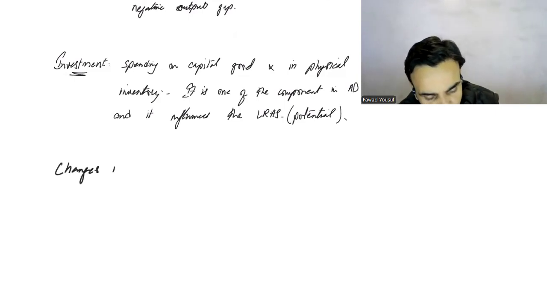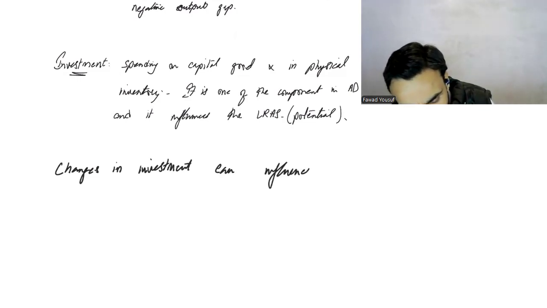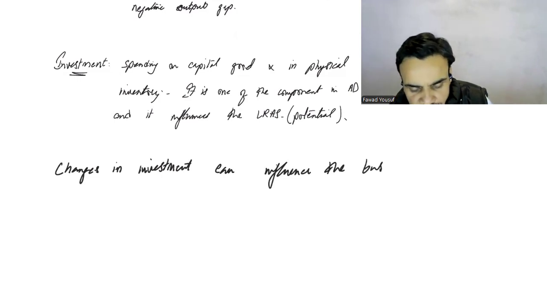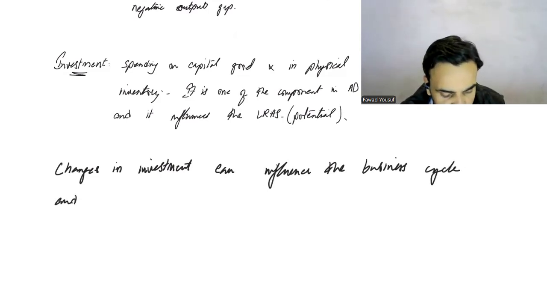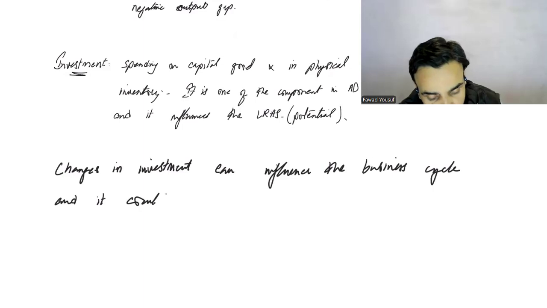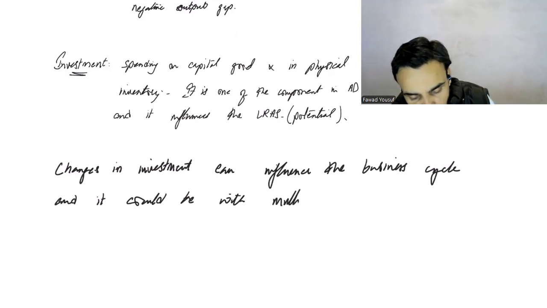For analysis के लिए, I'll say changes in investment can influence the business cycle, and it could be with the multiplier effect.